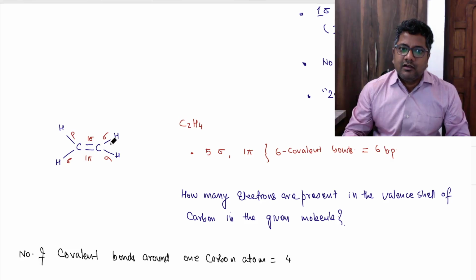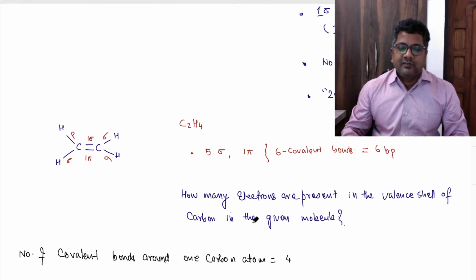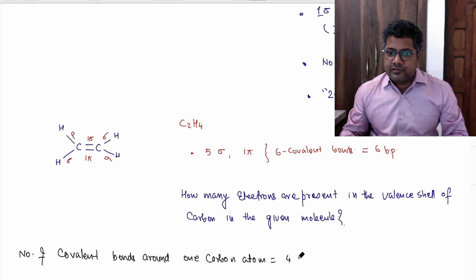See, 1, 2, 3, 4, which means 4 bond pairs, and one bond pair involves 2 electrons. So 4 into 2 is equal to 8 electrons.